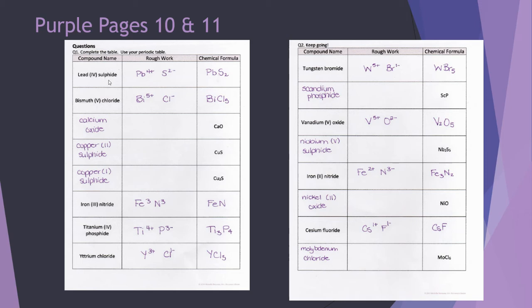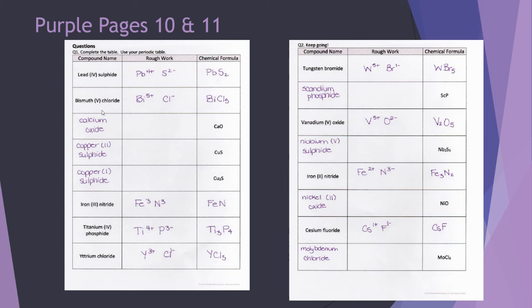Sorry, this worksheet came from, I think, a teacher in Australia, so they use the British spelling. That is not how we would spell sulfide. Instead of the PH, we would spell it with an F. So anyways, when we crisscross the charges, we would get Pb2S4, but we can simplify that because both of them are divisible by 2, so we get PbS2.